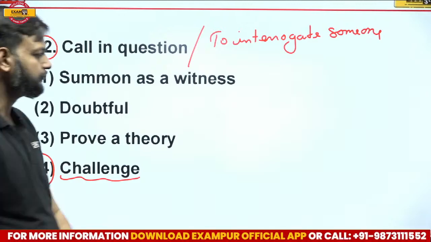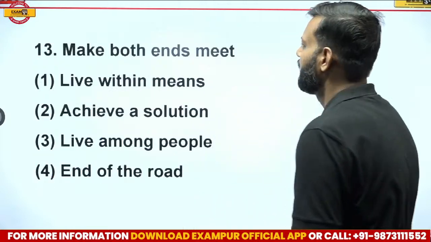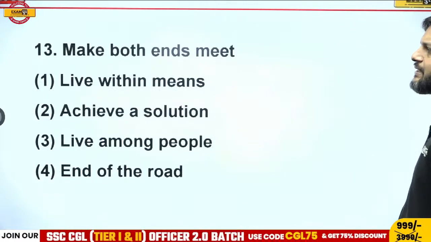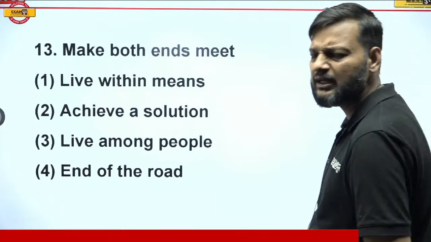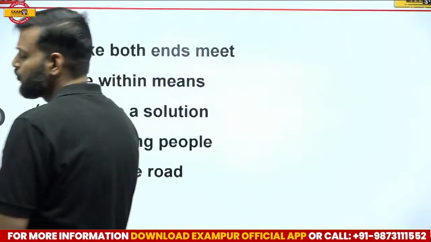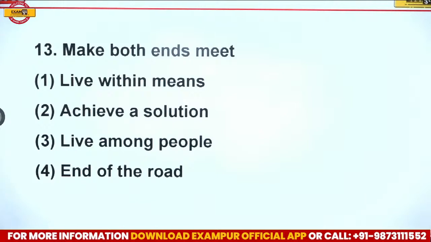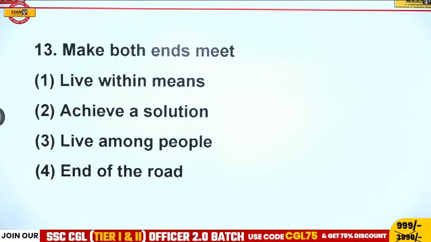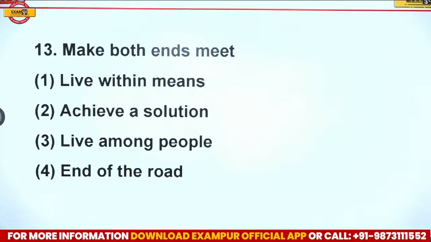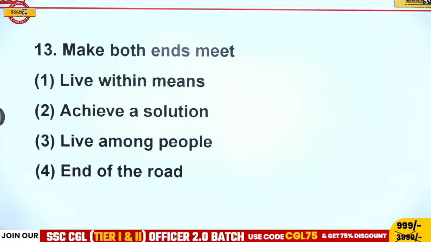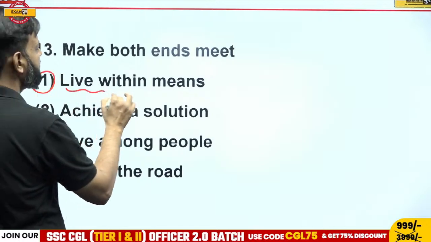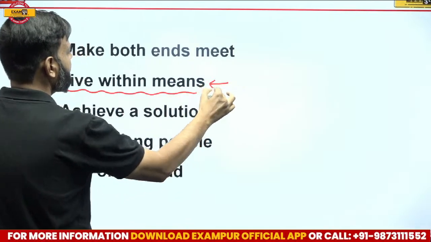Now, question number 13. Make both ends meet. This is a very common idiom that you must know. It has been asked a number of times in examinations, and a very easy one. To make both ends meet means live within means.